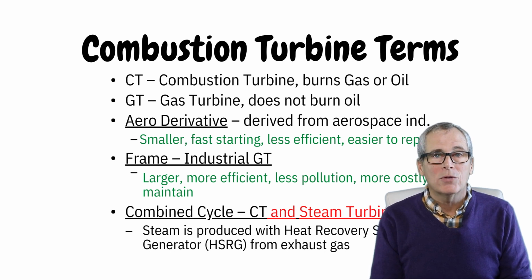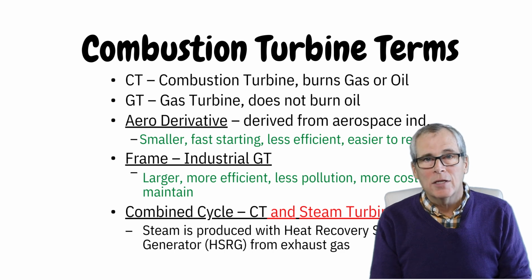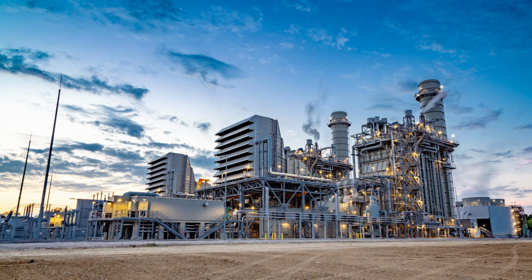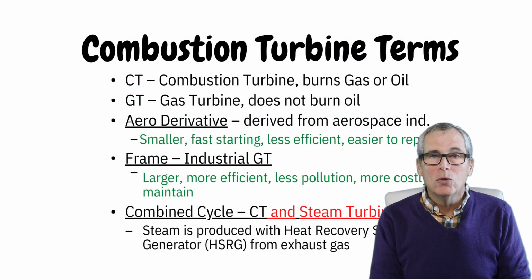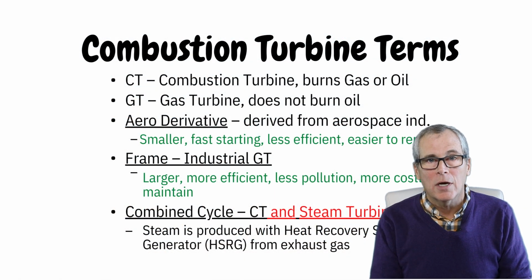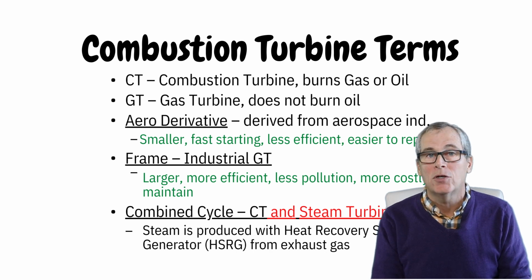Commonly we'll see a gas turbine and a steam turbine, or multiple gas turbines feeding the HRSG so that there's enough steam for a large steam turbine. So we'll see a 2-on-1 configuration. Sometimes you might see two 2-on-1 configurations at a site, and there would be 6 generators at that site, the 4 gas turbines and the 2 steam turbines.